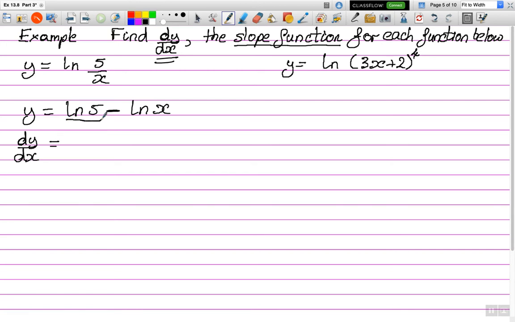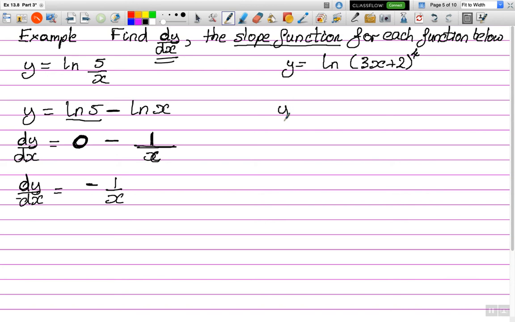Differentiating a constant, because that's what log 5 is, just an ordinary number, gives 0, minus, how do we differentiate a log function? Well, we create a fraction. Whatever's inside the log goes on the bottom, and then we differentiate this bottom. In this case, we get 1, and we stick it on top. So the slope function dy dx is now equal to minus 1 over x.